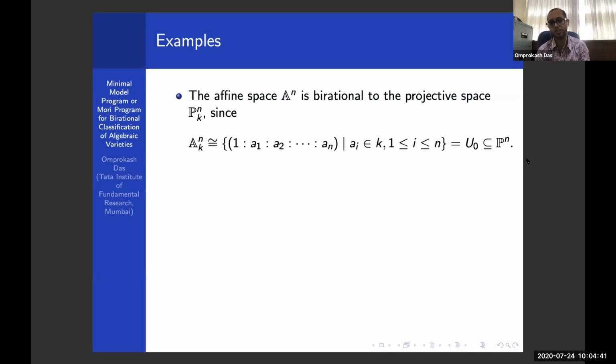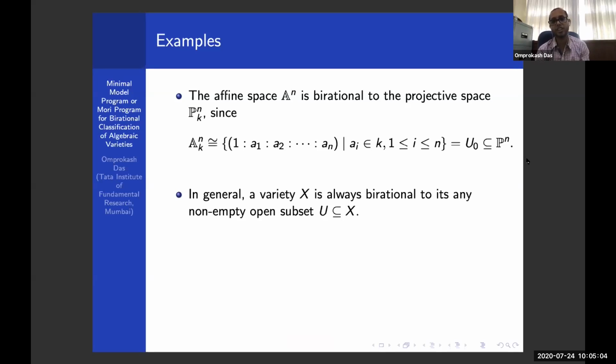That's not a problem. So U0 is very easily isomorphic to A^n. So A^n is always isomorphic to an open subset of P^n, and A^n is an open subset of itself. Therefore, A^n is birational to P^n.